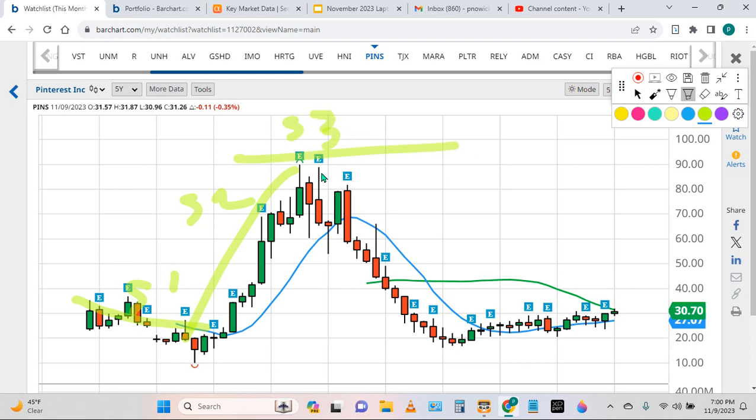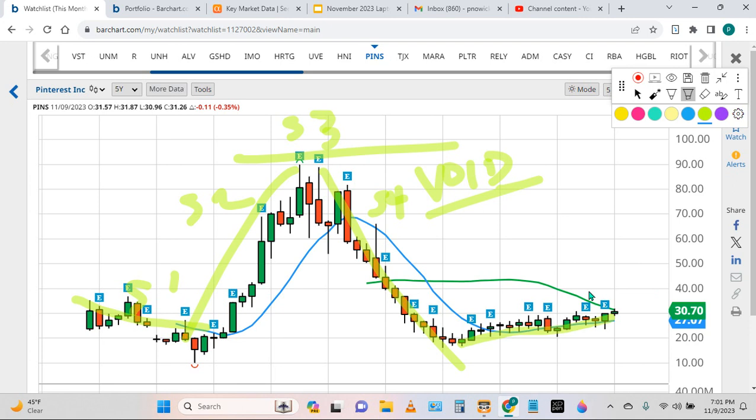And then we had stage four, which created a price vacuum or a price void in this area, right? All that empty space. And then we've got back to stage one, really a weak stage two. So not a very strong stage two, but a slight uptrend in Pinterest. So I like Pinterest for the future going forward.